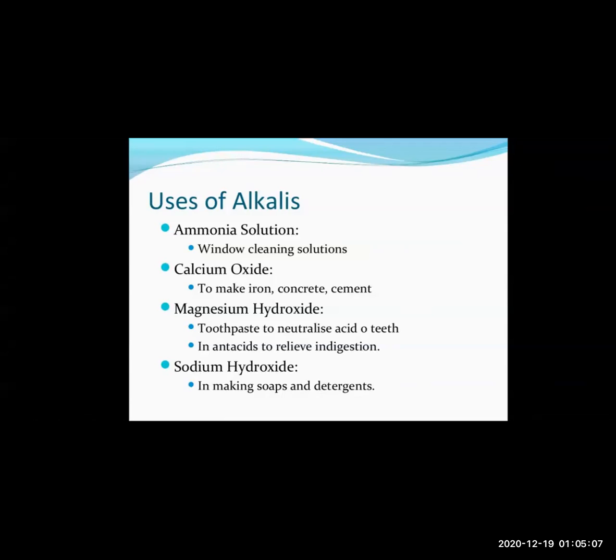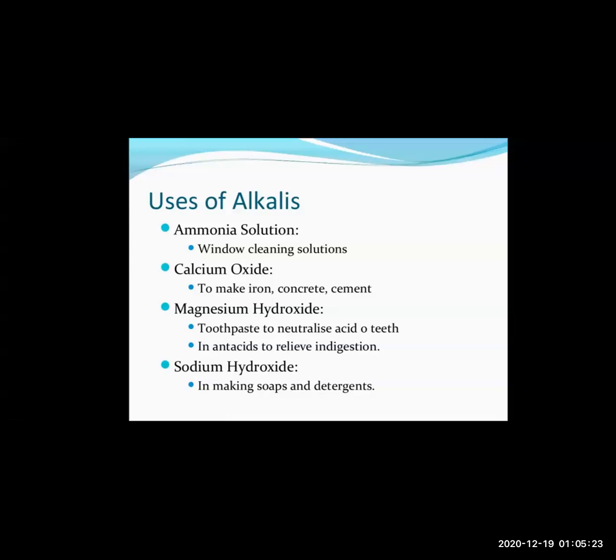Then magnesium hydroxide is used in toothpaste to neutralize the acids of teeth. Whatever acid is present in our teeth is neutralized with the help of toothpaste consisting of magnesium hydroxide.